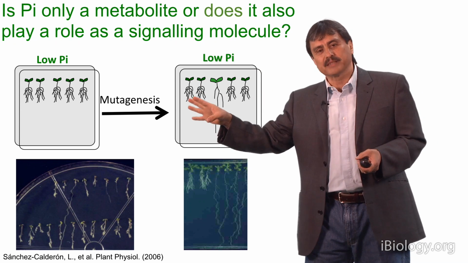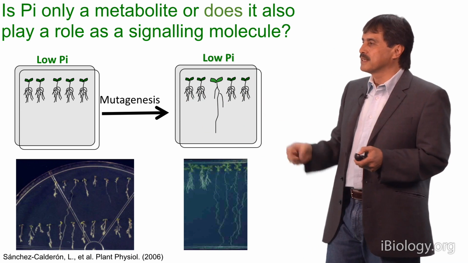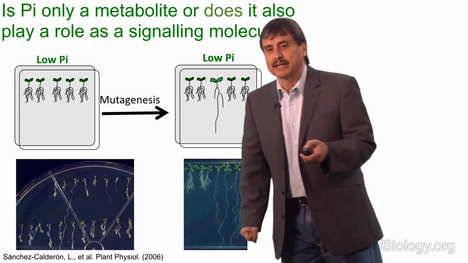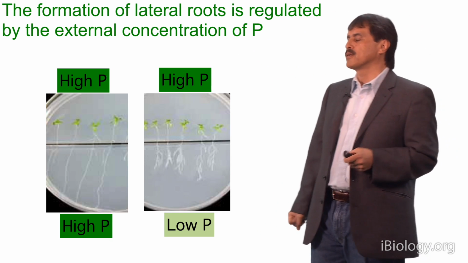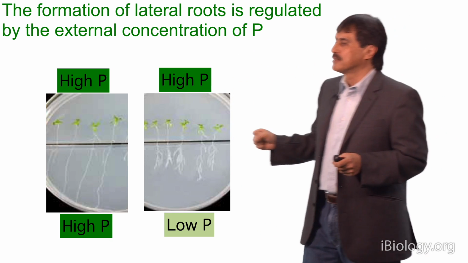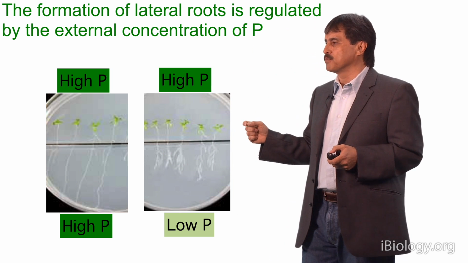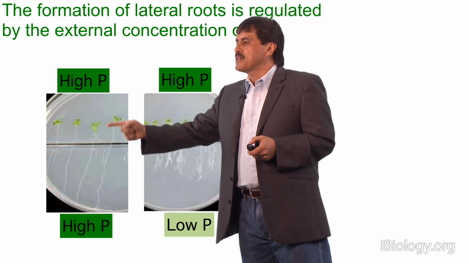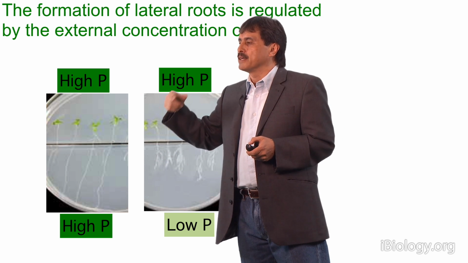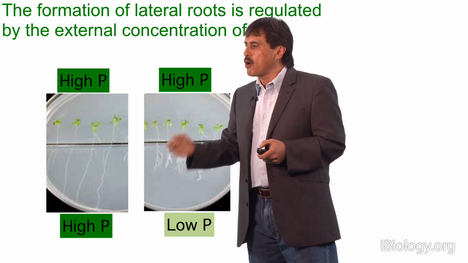So even if it's not metabolized, it acts as a signal, suggesting that indeed phosphate is not only a metabolite but also a signaling molecule, similar to nitrate and ammonia, which also act as signaling molecules.